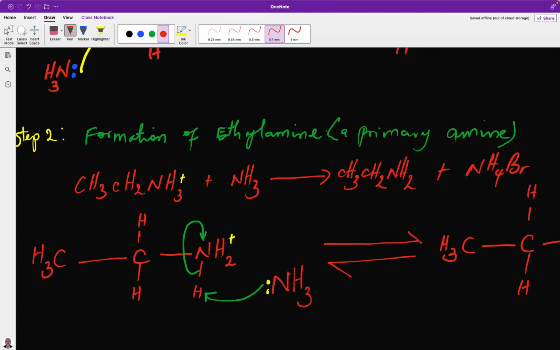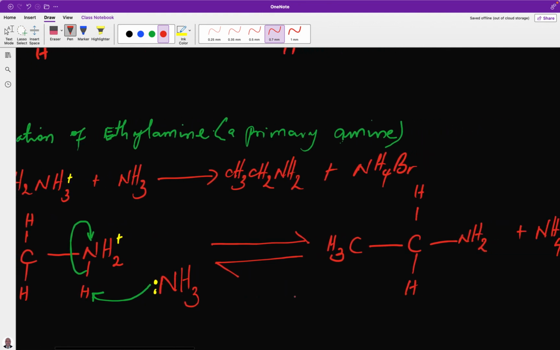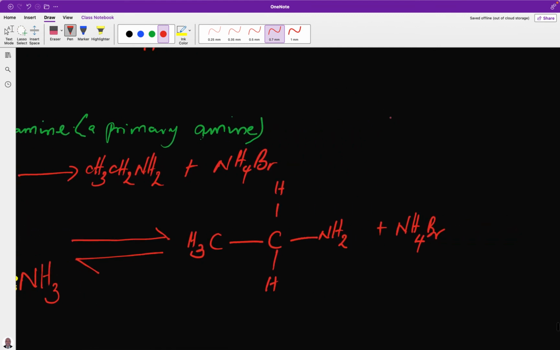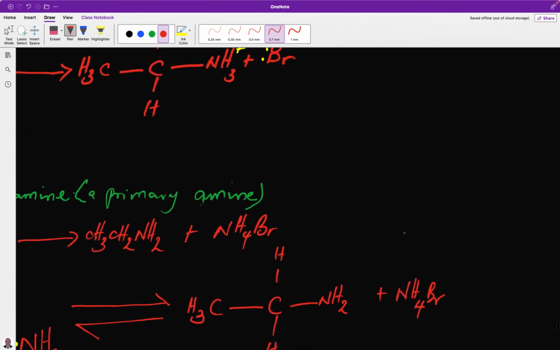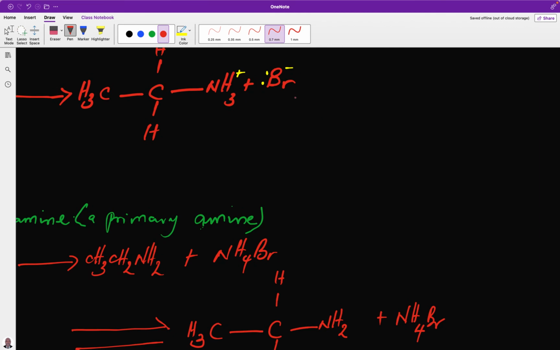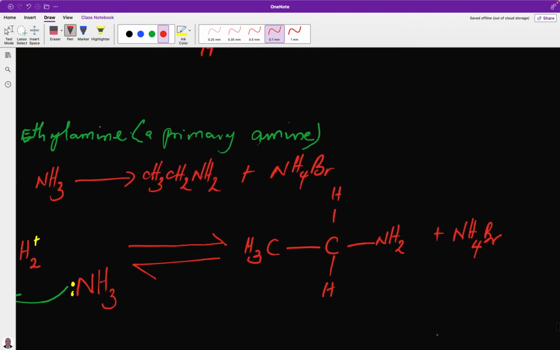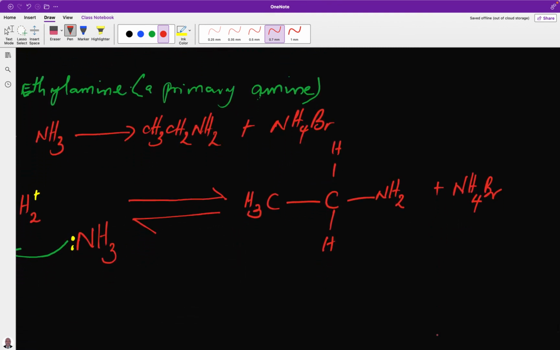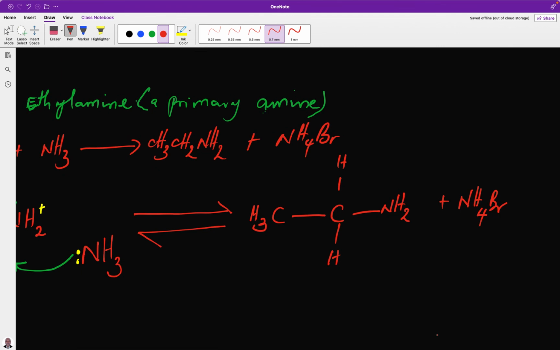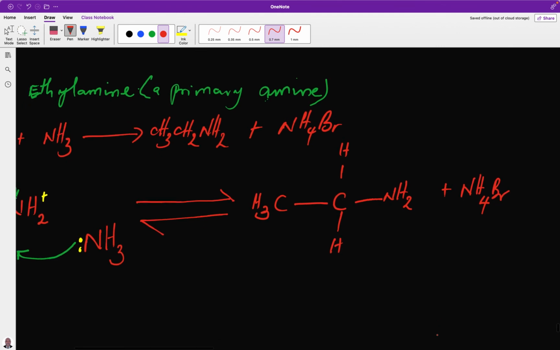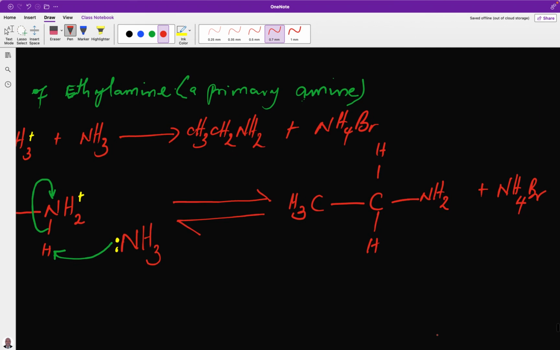The hydrogen benefits from the lone pair of electrons of the ammonia, forming this compound. The bromide that was still in solution combines with it, and a new compound is formed. We call it ethylamine. That is the new compound that is formed.